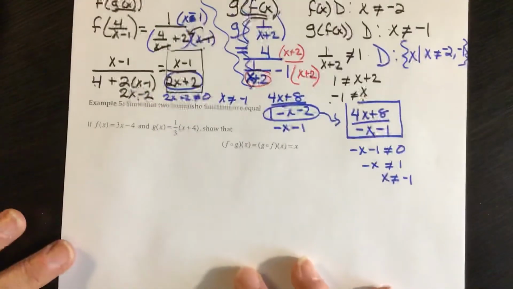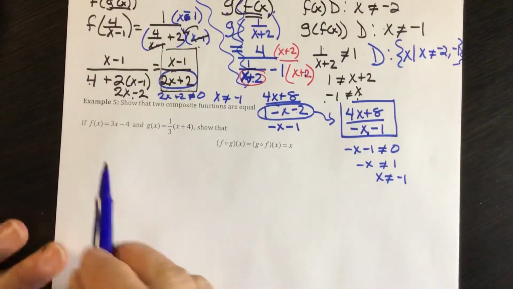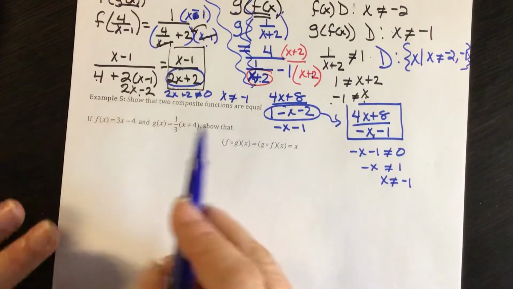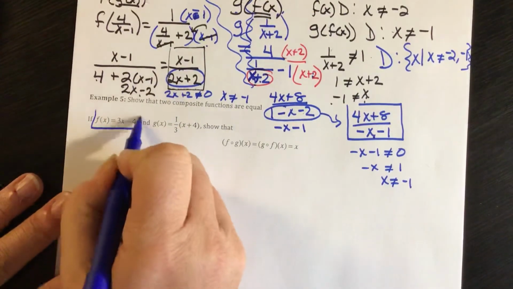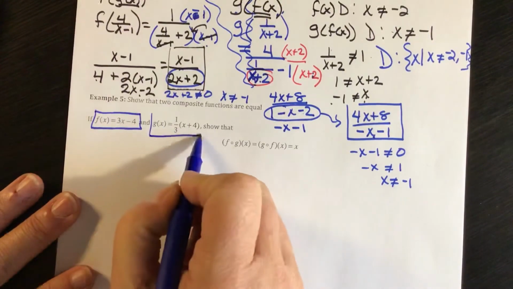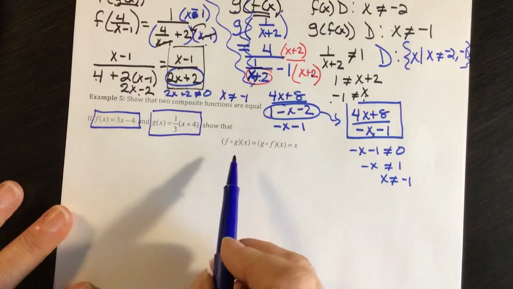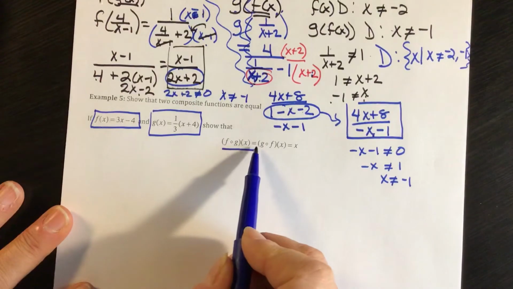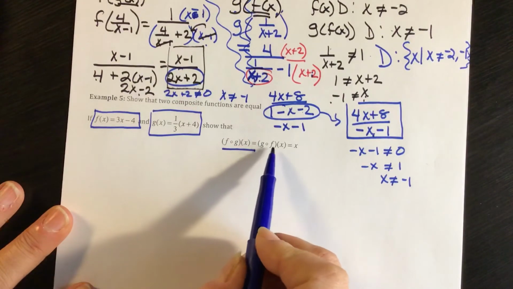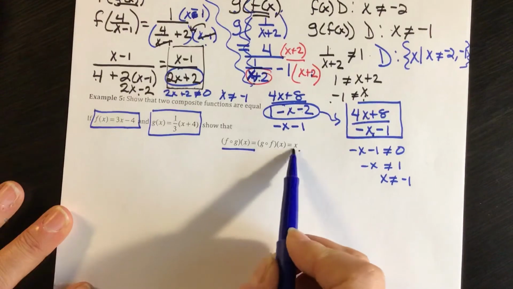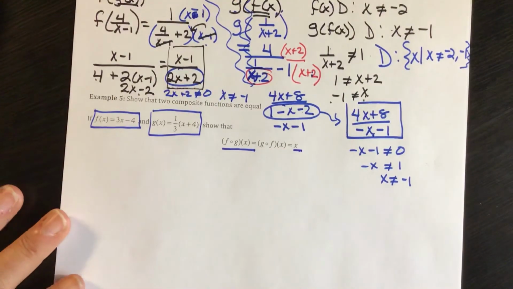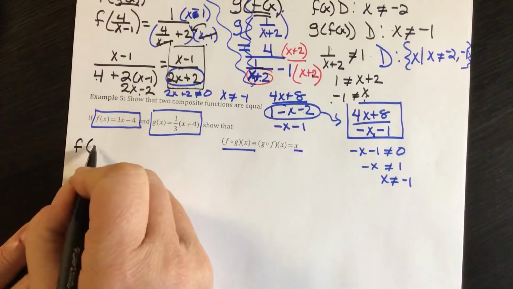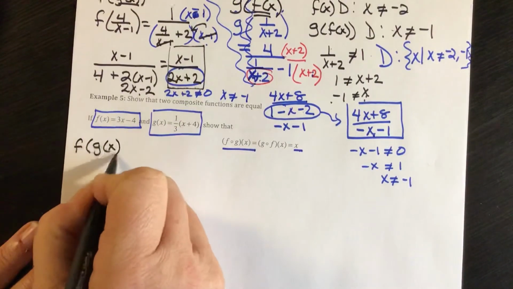In example 5, it asks us to show that the two composite functions are equal. So here's my f function, here's my g function. They're asking us to show that f of g of x is the same as g of f of x, which equals x. So I'm going to start over here with f of g of x.